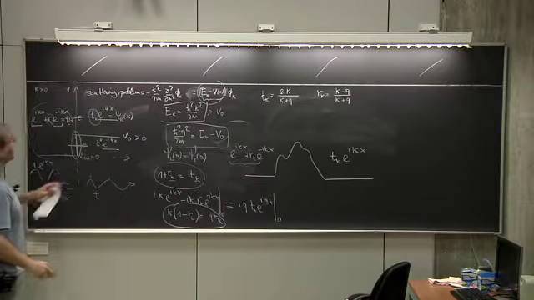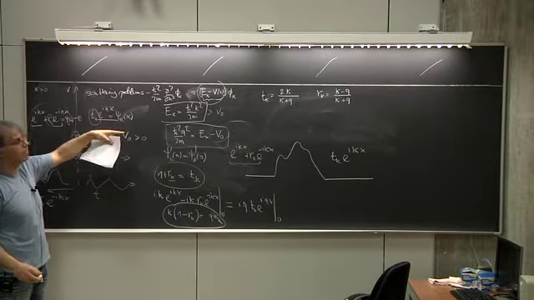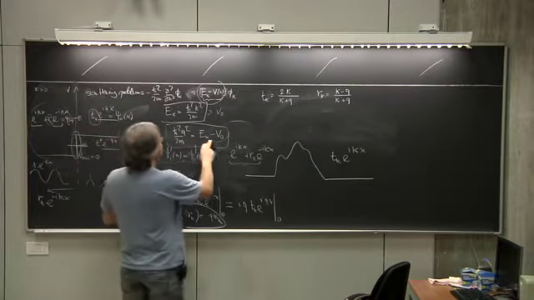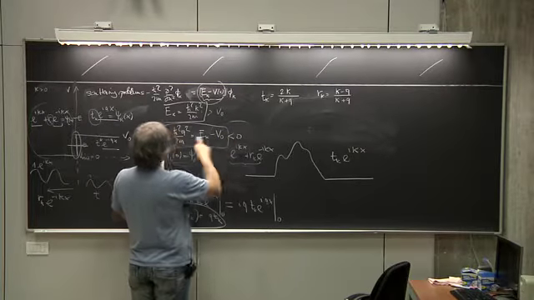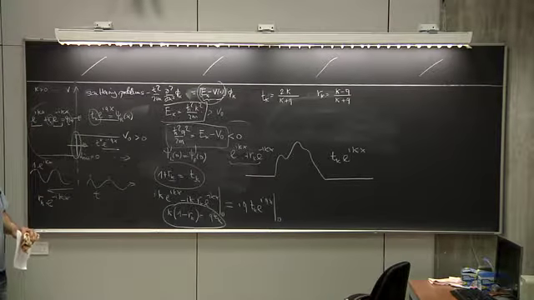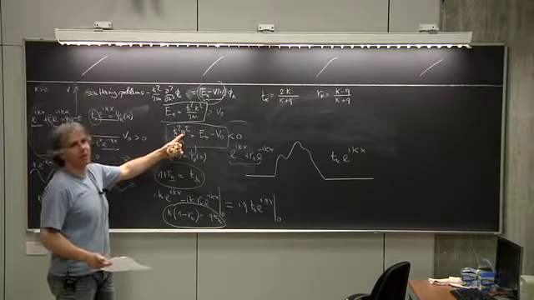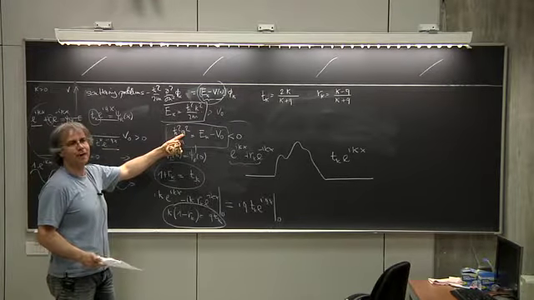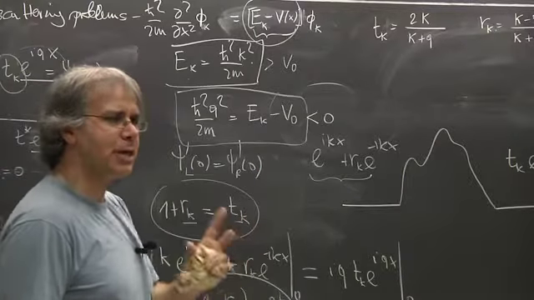Because it's no longer possible to have a plane wave like this, because now E minus V0 is negative. So you see it doesn't make sense. But there is a very simple solution to this. One possibility is that you notice there is Q squared, and Q should be imaginary. This at first might be a little bit puzzling, but there is nothing puzzling.